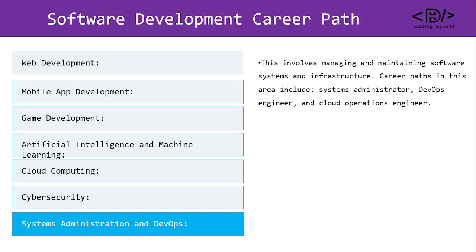So system administration and DevOps is a very good field also to look at, but not at the beginning of your career, of course. It's something you can get into as you are getting comfortable with software development.